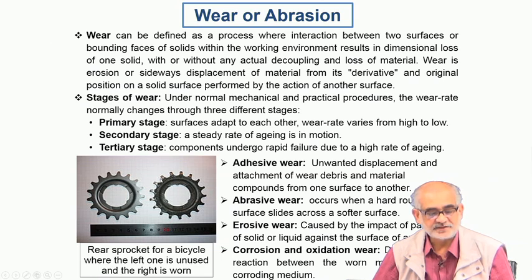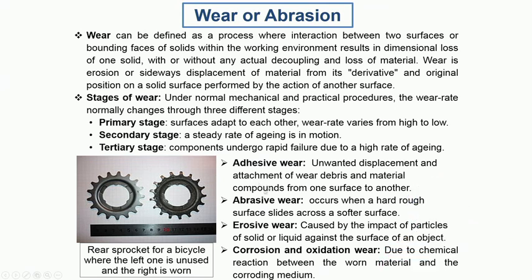And you can easily make out that this particular sprocket probably was rotating in clockwise direction, and as a result the tip underwent a certain amount of wearing, because of which it is now fairly deformed, and it has also lost certain amount of material from the tip. So this kind of wearing or abrasion can happen because of adhesive wear, abrasive wear, or erosive, corrosive and oxidative wear.